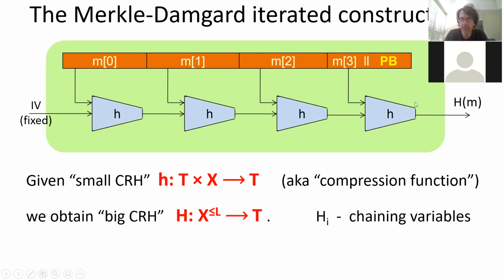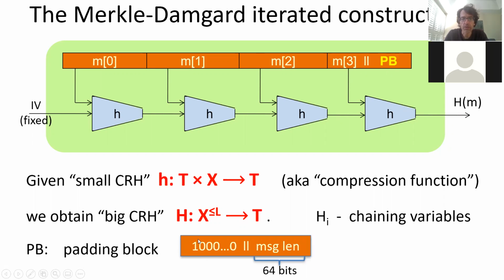The construction is like this. In the padding block, the last 64 bits encode the message length. So the largest length is 2 to the 64, which is plenty. And if there is anything remaining in the last block, then you pad it in a customary way.